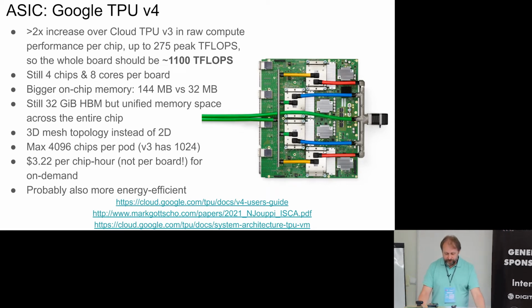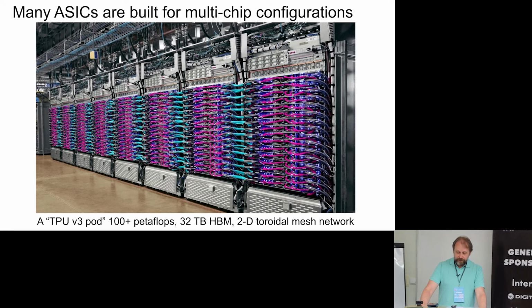It's an interesting architecture. If you want to dive into architecture, feel free to follow the links. I have an article on Medium that explains most of the ASIC architectures I will show here much more deeply. Again, these ASICs are not a standalone processor.